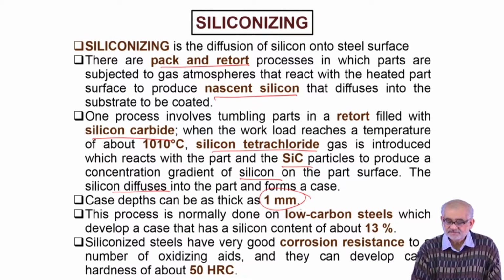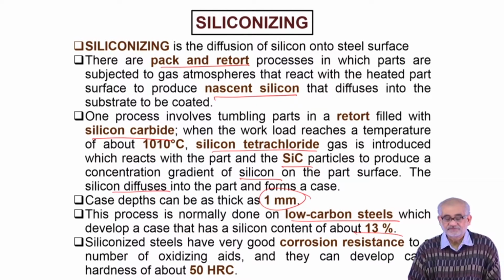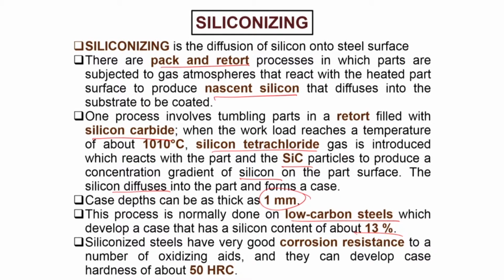So the silicon layer can be formed on low carbon steels, and I would say anything between 8 to 10%, at the most 12-13% would be the silicon content on the surface. You can get fairly high hardness, but resistance against both corrosion and oxidation at high temperature is the benefit that we derive.